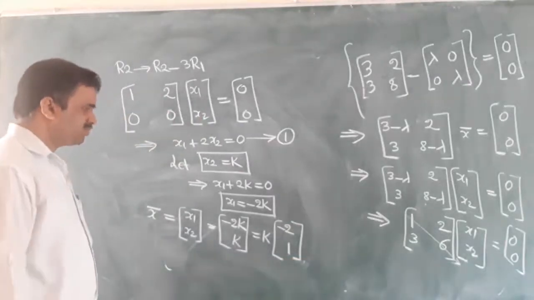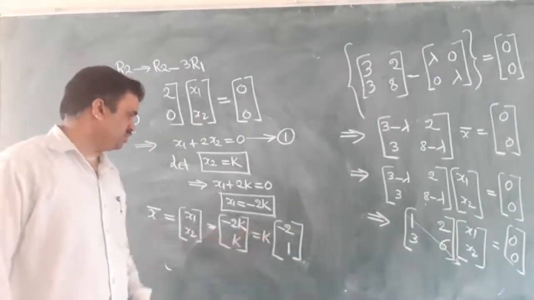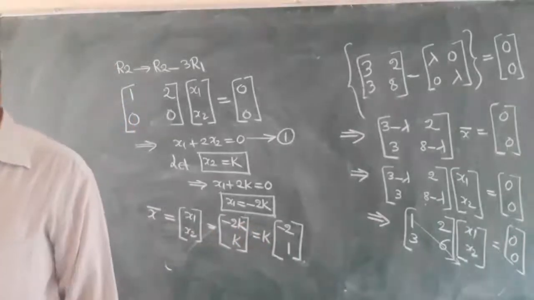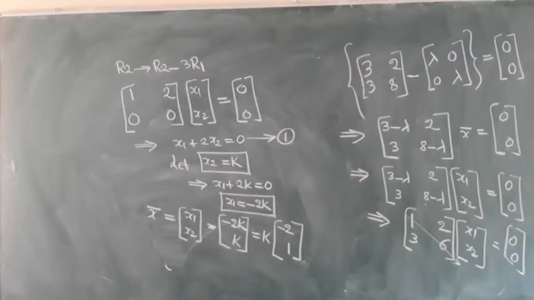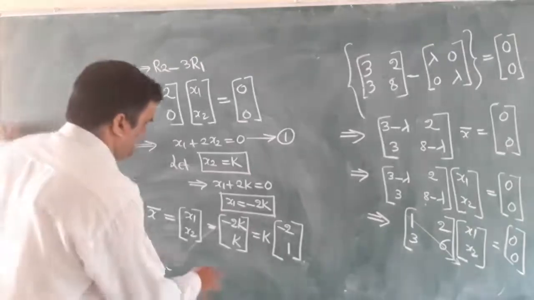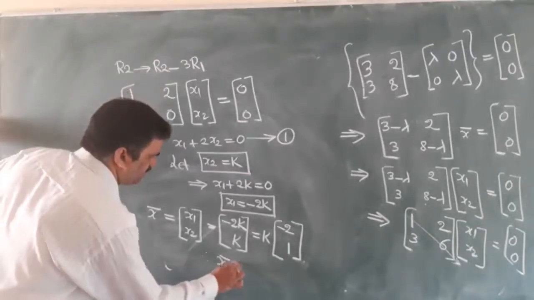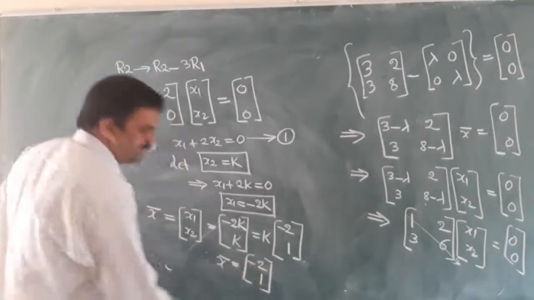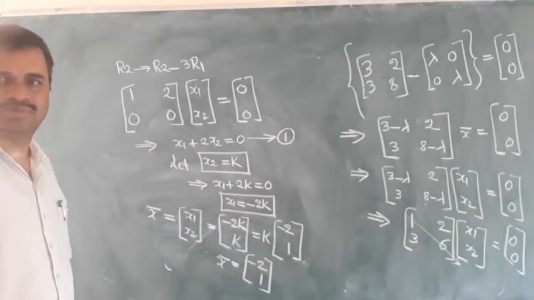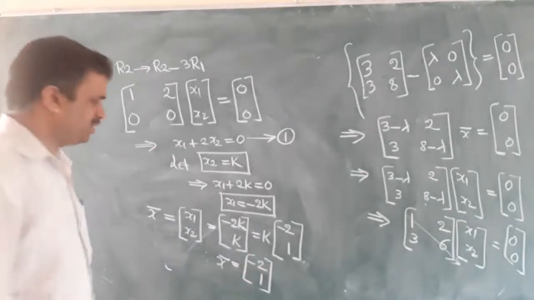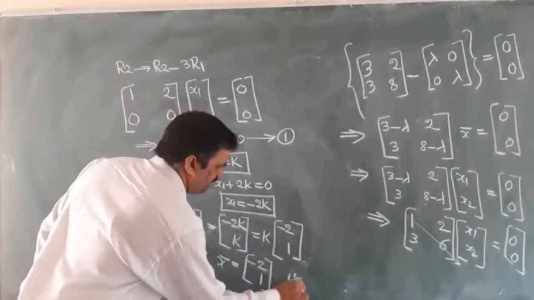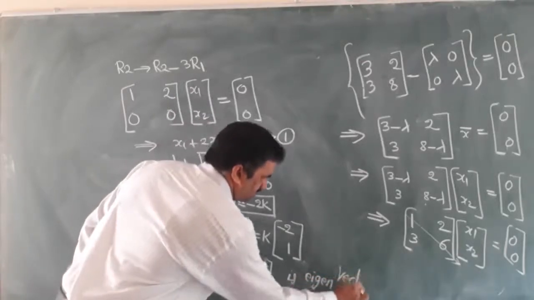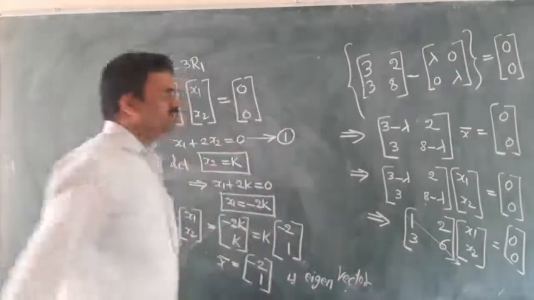Therefore, [minus 2; 1] is one of the eigenvectors. Therefore, x bar is equal to [minus 2; 1], which is an eigenvector.